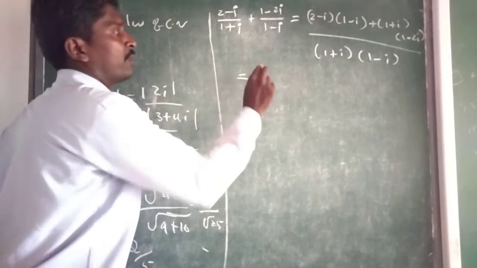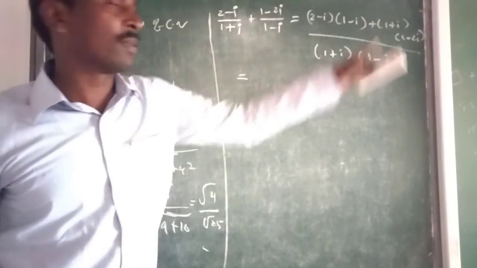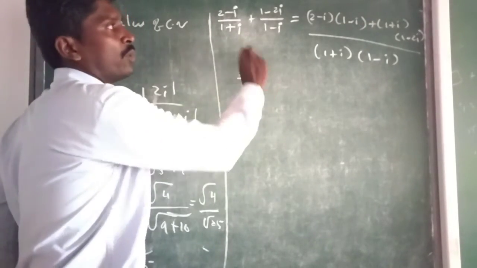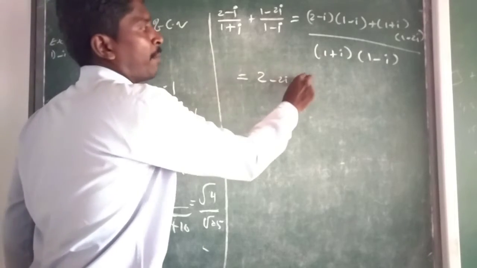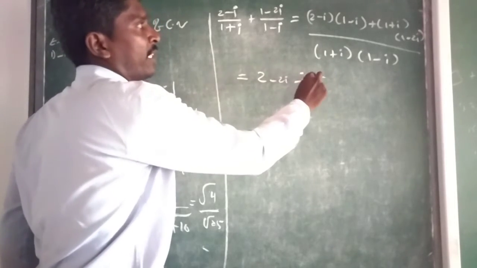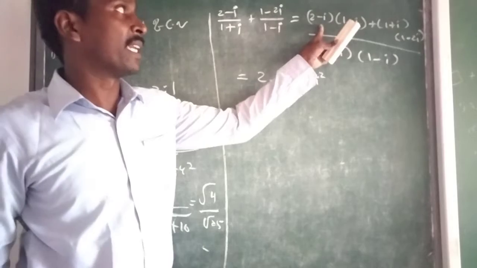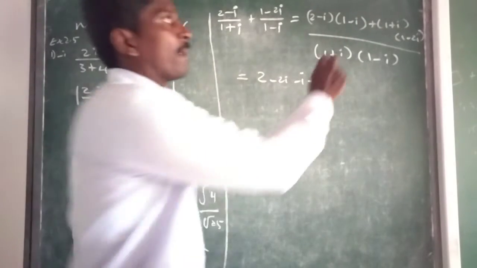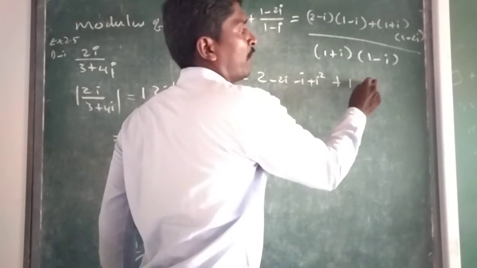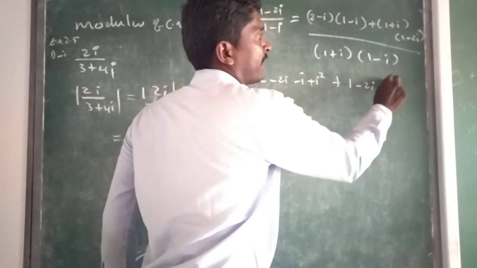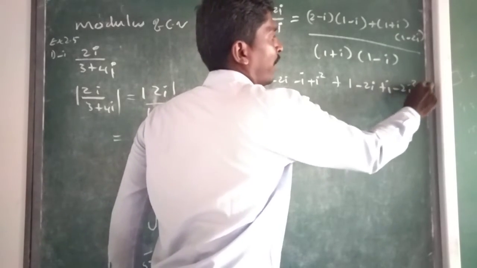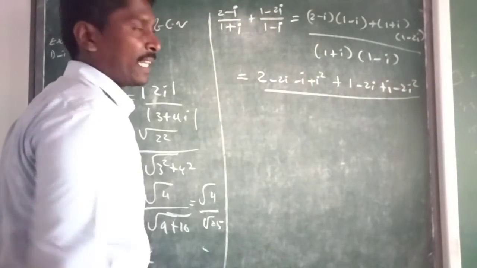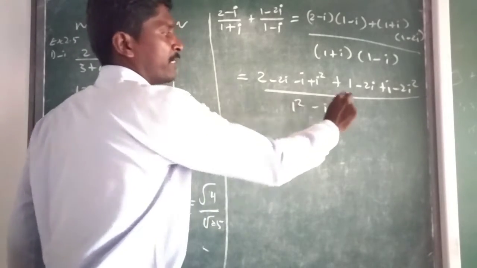So what will happen in the numerator? Multiply the two terms: 1 into 2, 2 minus 2i, then minus i square, it becomes plus i square, so minus into minus plus i square. Then multiply, take 1 into 1, 1 minus 2i plus i minus 2i square. Here a plus b into a minus b gives a square minus b square.